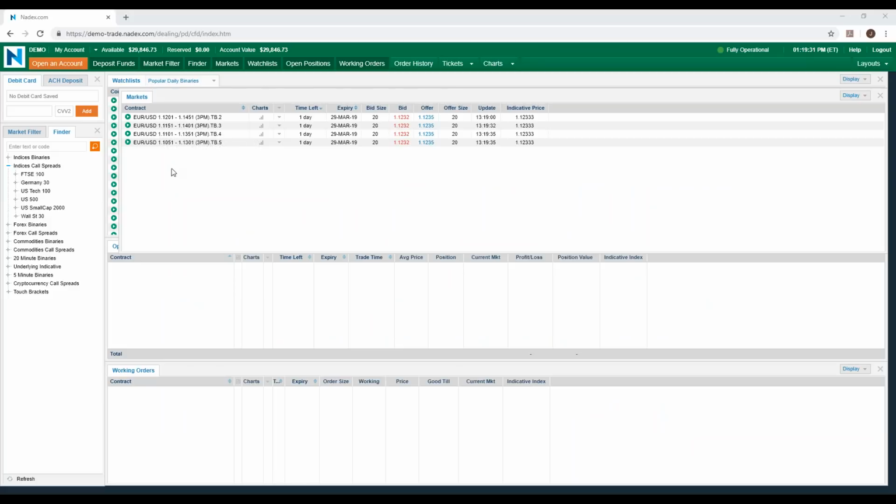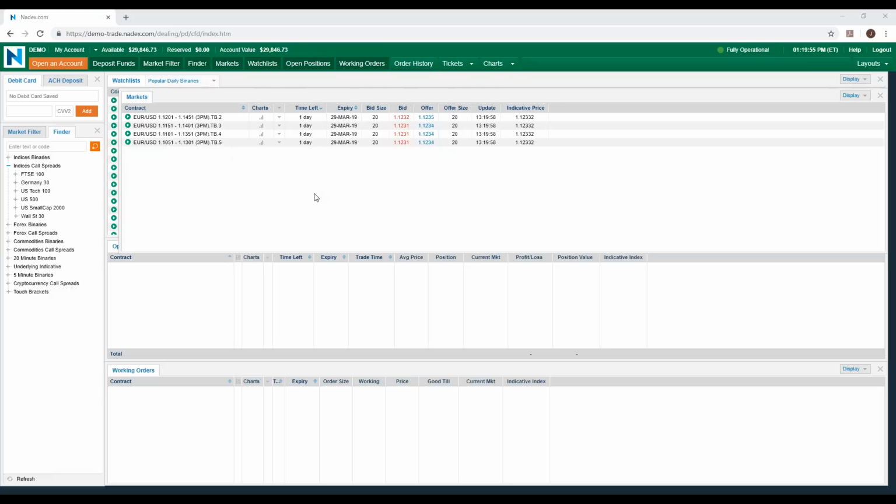But just in general, if you look at what I've got up right here on the euro dollar, over here is the indicative Nadex price. Now notice there's 5 digits listed here past the decimal point. Notice here there's only 4 digits quoted. So you're looking at pip and 1/10 of a pip.